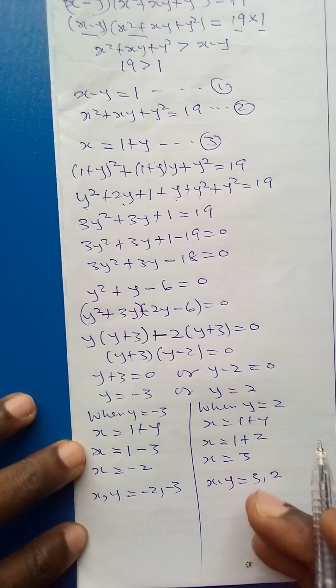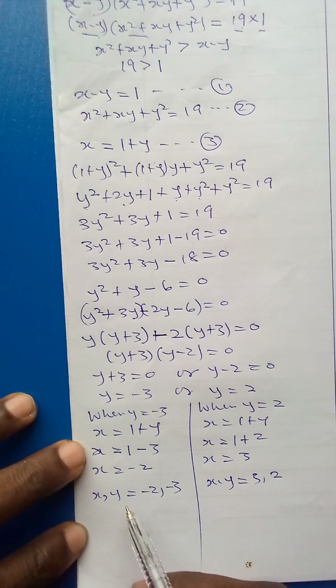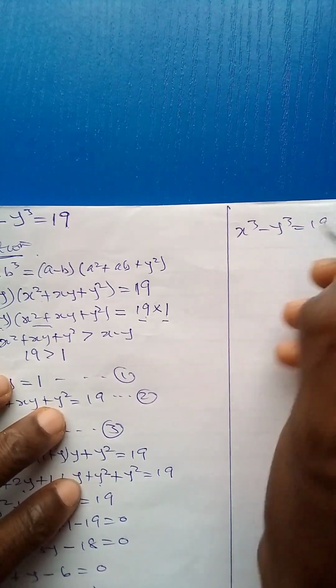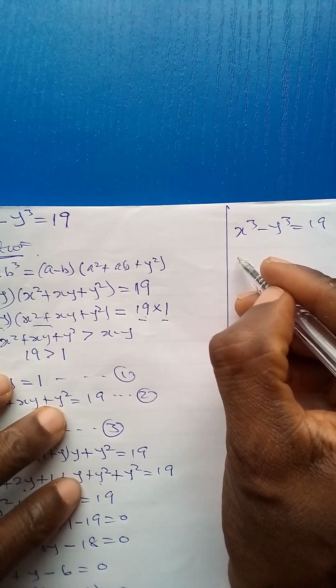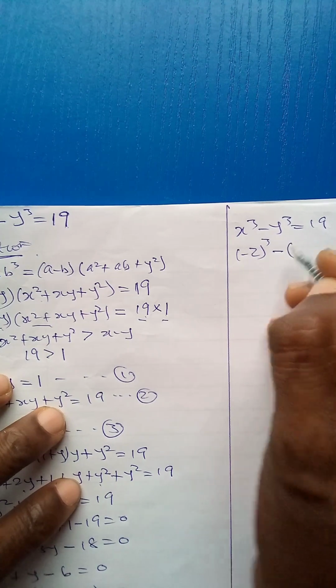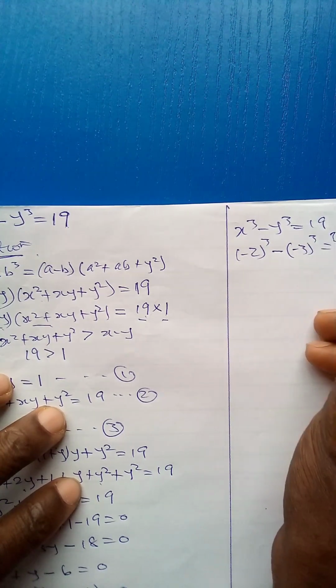I'm going to substitute minus 2 and minus 3 for x and y respectively into the original equation. That is x cubed minus y cubed is equal to 19. Now x is minus 2. So I have minus 2 cubed minus, y is minus 3, cubed. Is it equal to 19?